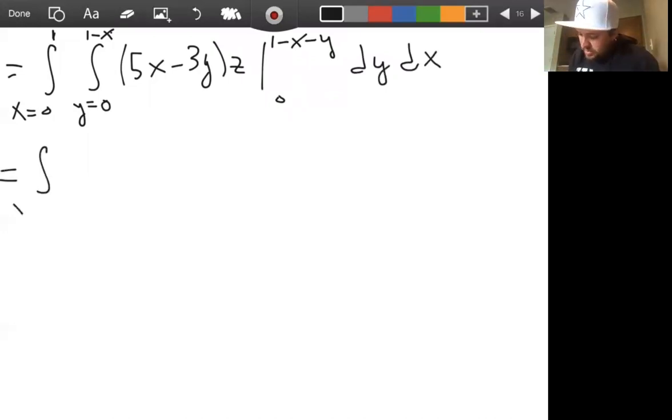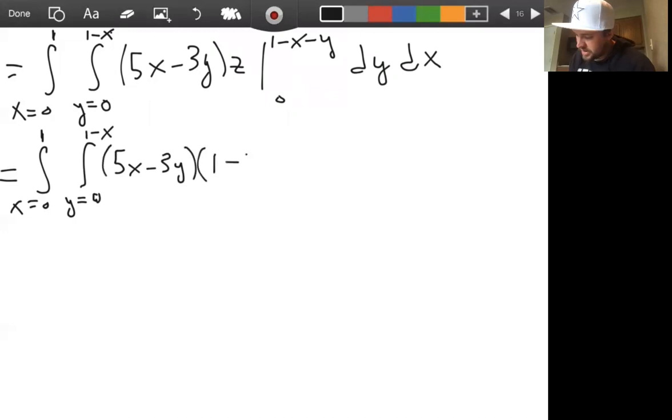So we have integral x goes from 0 to 1, integral y goes from 0 to 1 minus x. And then we have 5x minus 3y times 1 minus x minus y dy dx, right? Because if you plug in 0 for z, that term vanishes.